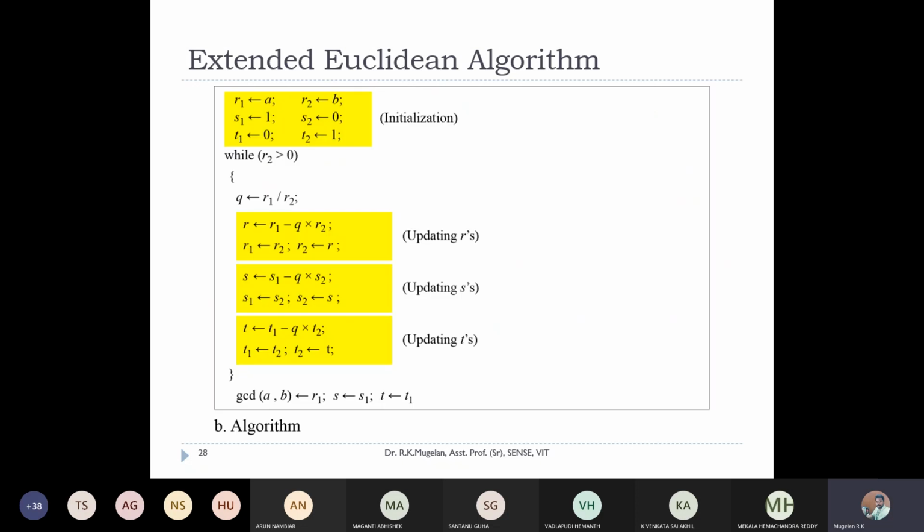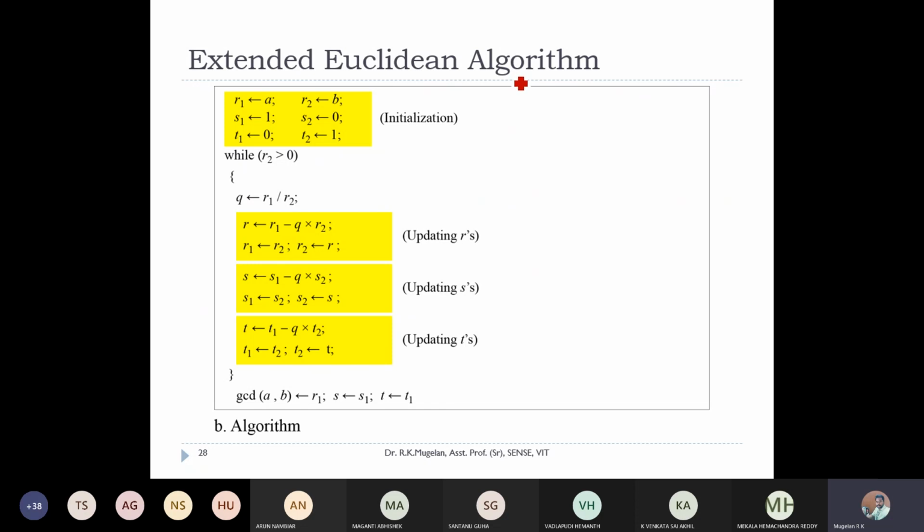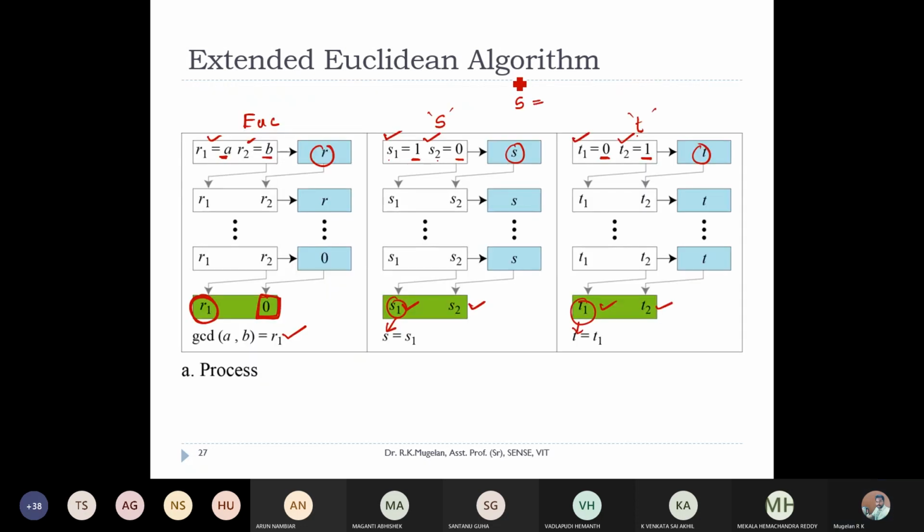We will see an example so that we'll get a clear picture of how this S and T are generated. S is nothing but S1 minus Q times S2.